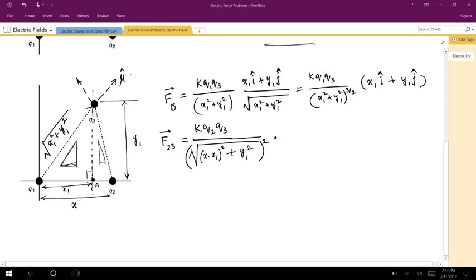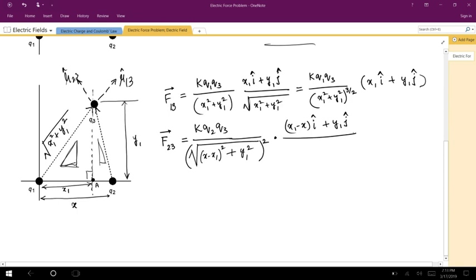Let's call this R13 hat, and let's call this R23 hat. So we have to find that R23 hat, and that's of course going to be along the direction of that dashed arrow over there. And what's the direction of that dashed arrow? That's equal to x1 minus x i hat plus y1 j hat.